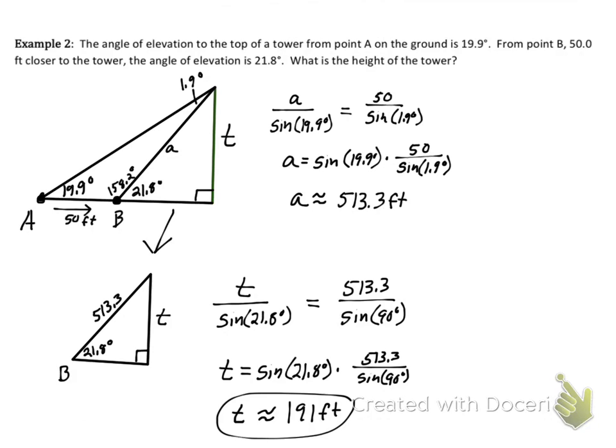We could have said the sine of 21.8 equals opposite over hypotenuse. This will work on every single triangle. That proves a good point: even though you could have used sine, cosine, tangent, the law of sines works no matter which triangle you have, whether it's right, oblique, or anything else.